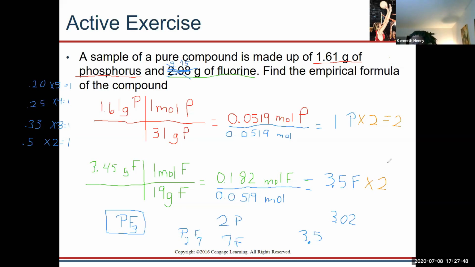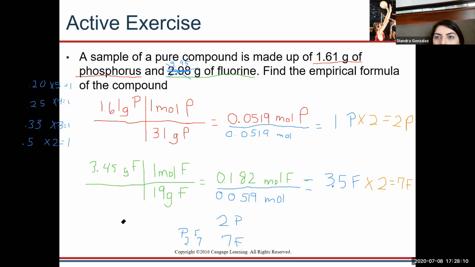And how many fluorines? 7. So in this case, our P is going to be 2, and our F is going to be 7.